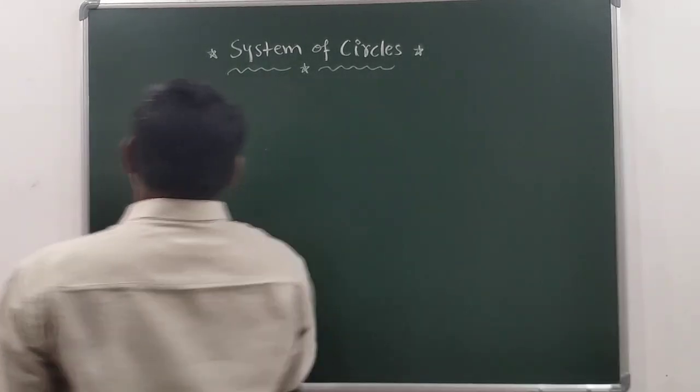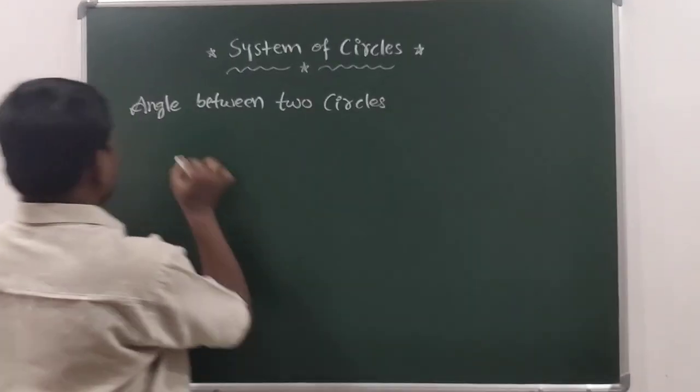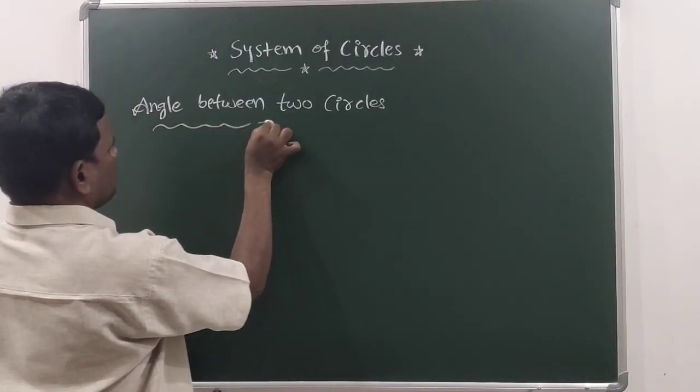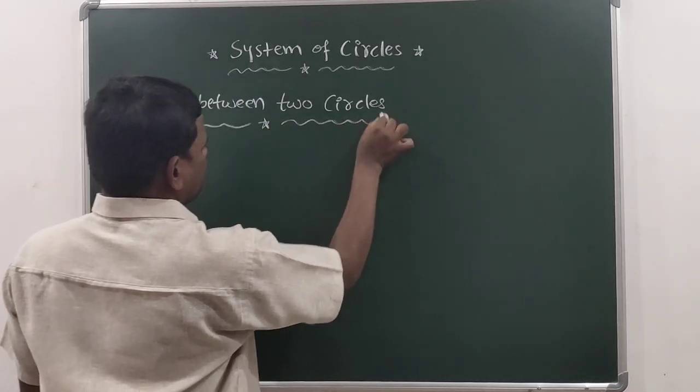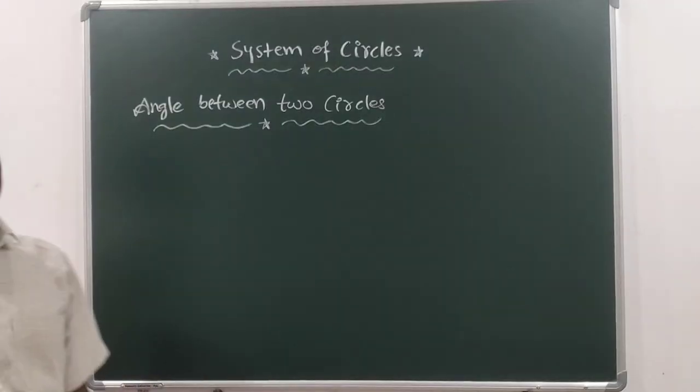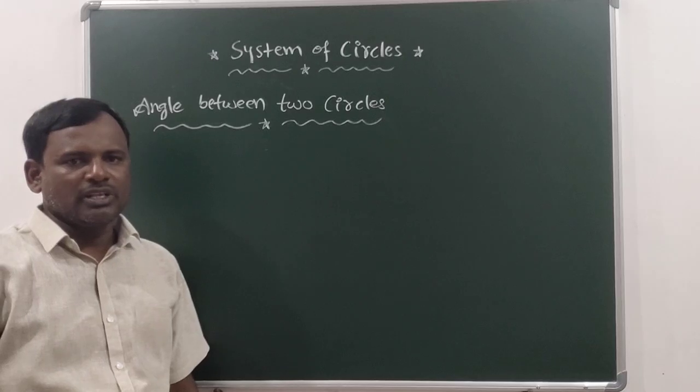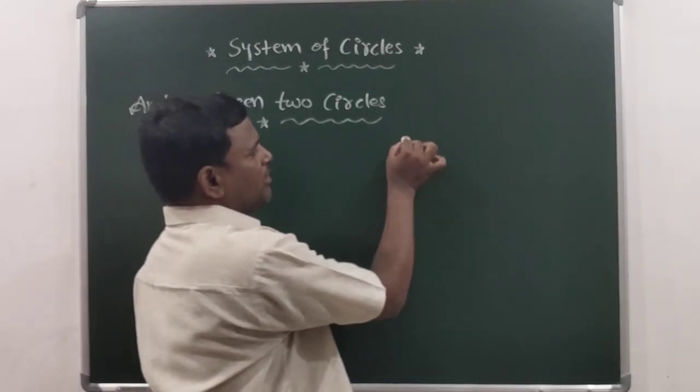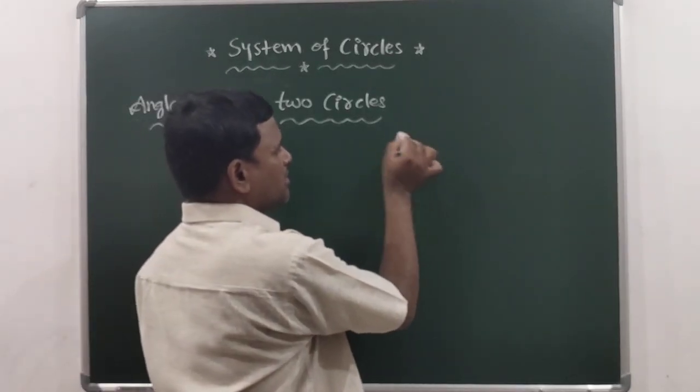Now the first one is angle between two circles. See here, I am going to find angle between two circles. Let us consider two circle equations.